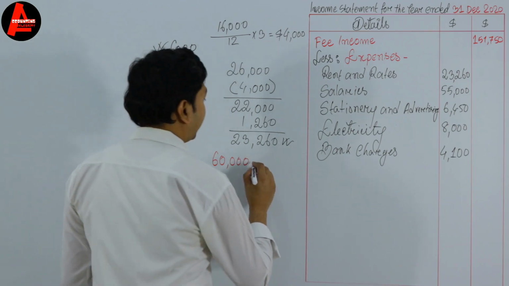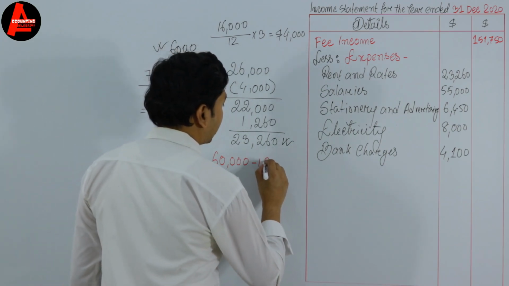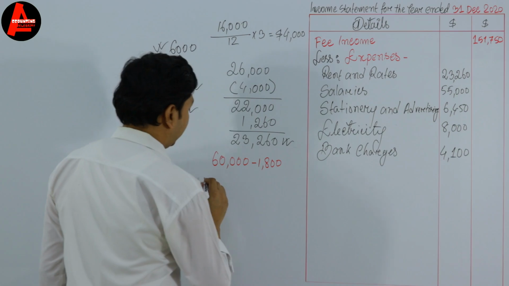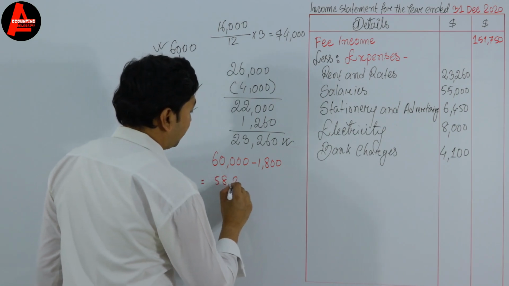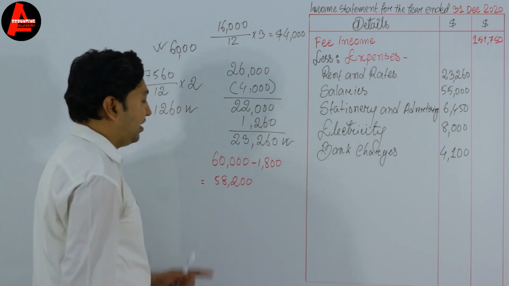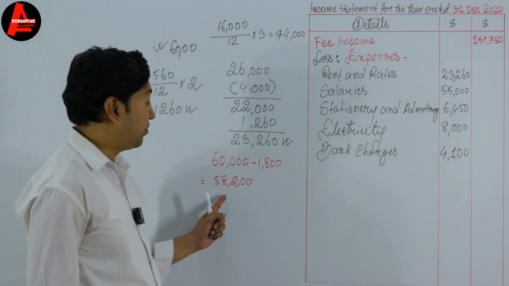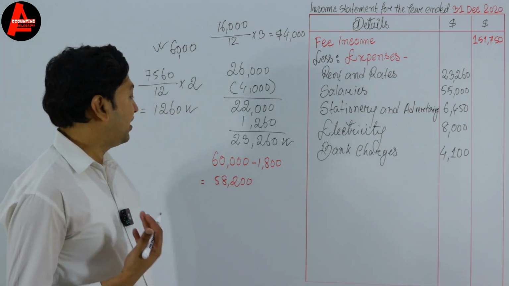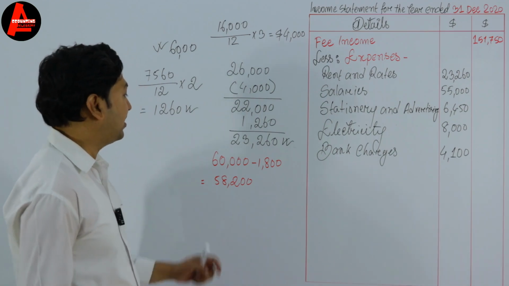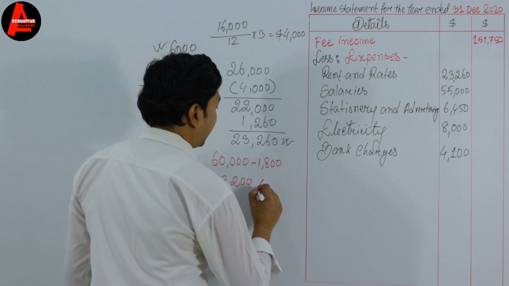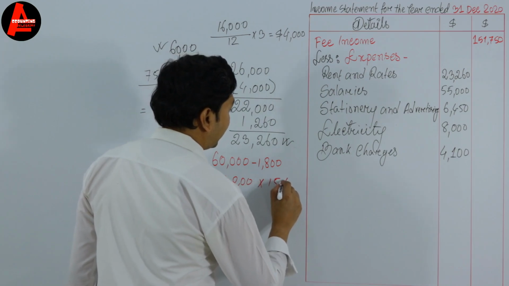So here if we minus 1,800, then we get $58,200. Okay, this is the cost price of the equipment right now. Okay, now what to do? Now we need to calculate depreciation on this amount. So let us multiply by 15% here.